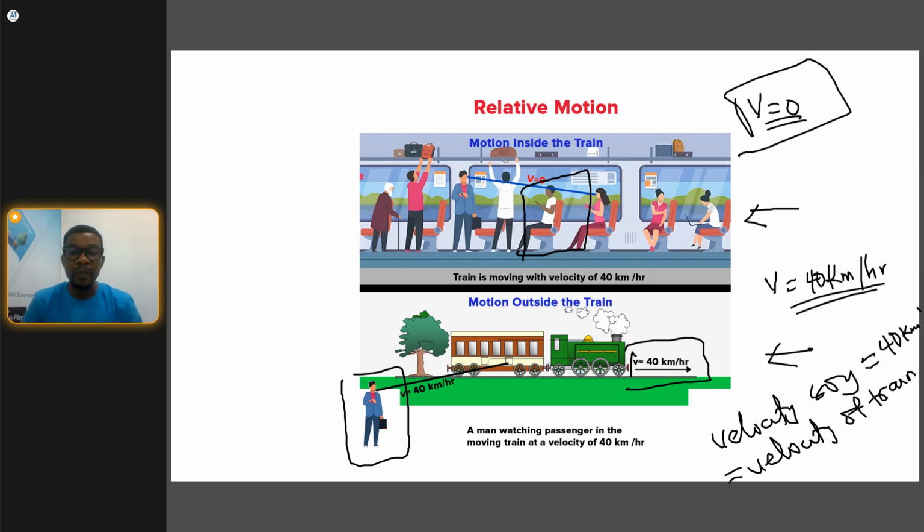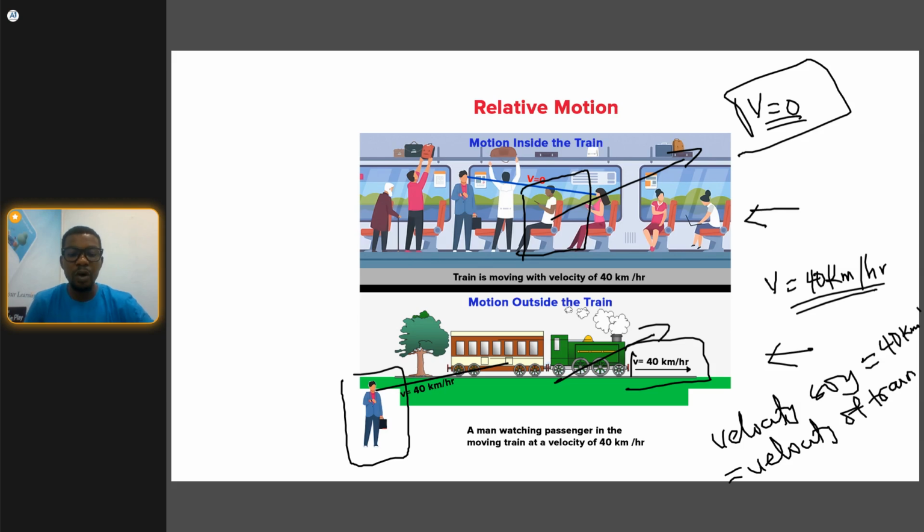That's the first part. So the velocity of a static object is always equal to the velocity of the other objects in motion. The object that's static is the boy, and the object in motion is the train.